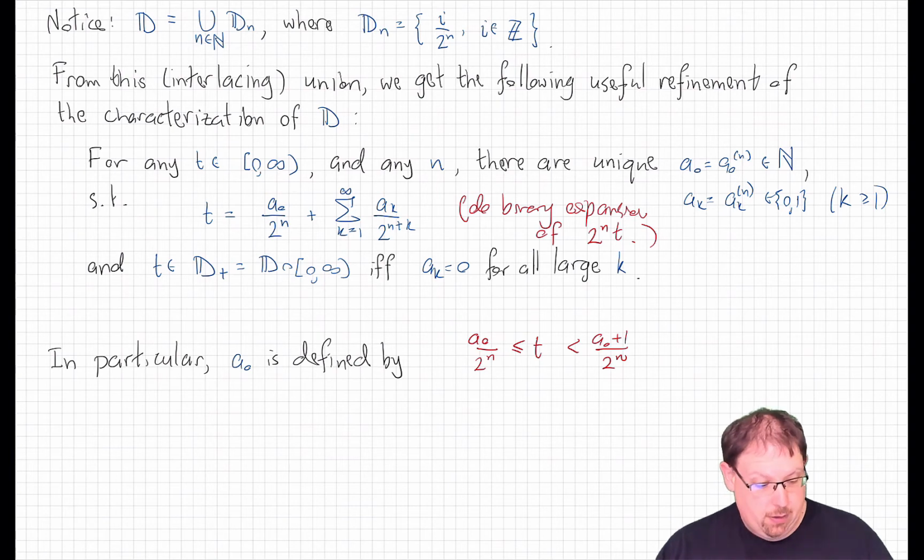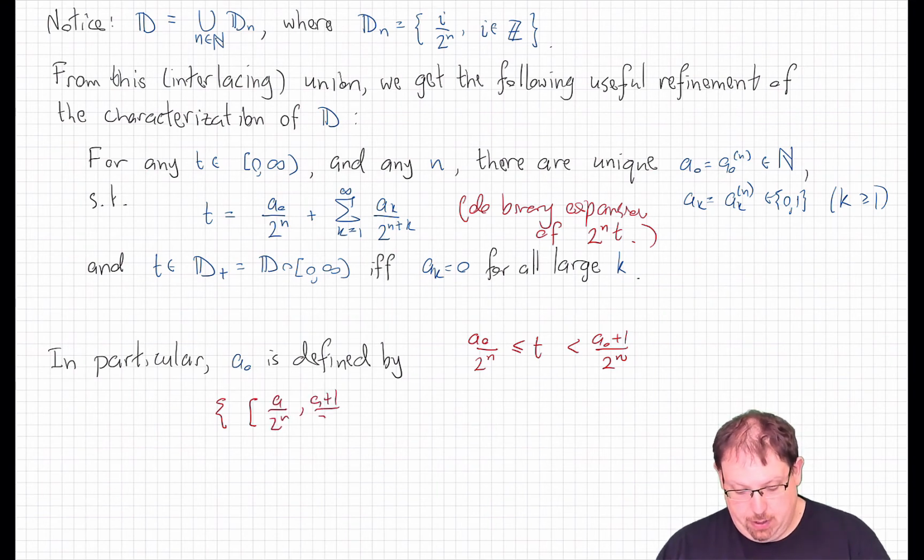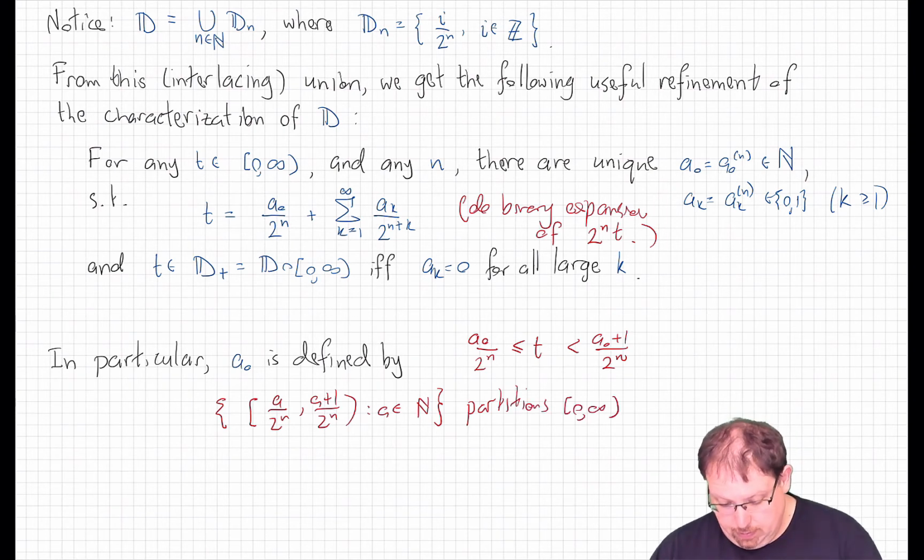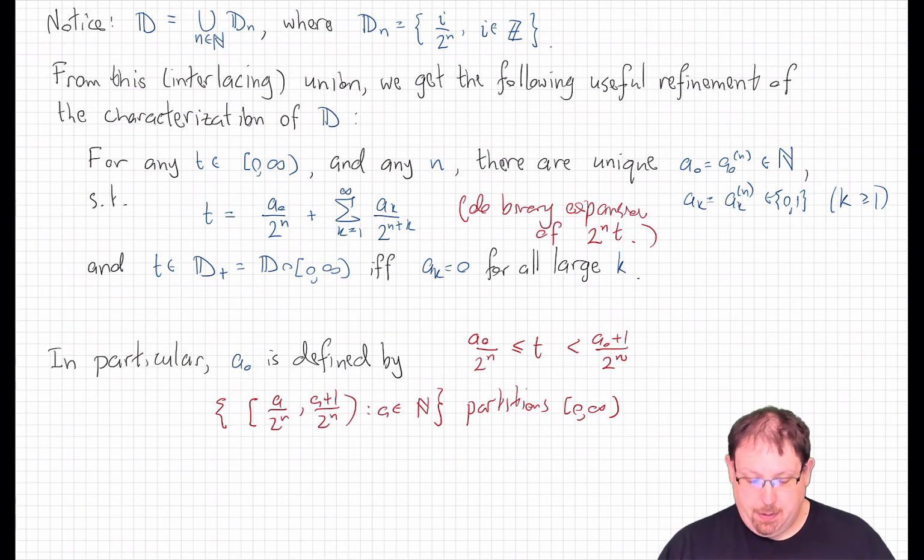And that corresponds to the nice partitioning of the whole positive real line into intervals of the form a over 2 to the n up to a plus 1 over 2 to the n. That is, we partition the positive real line into regular intervals of width 1 over 2 to the n.